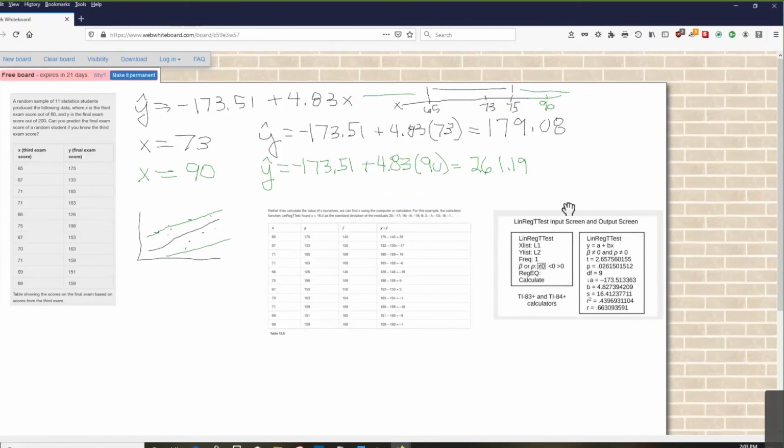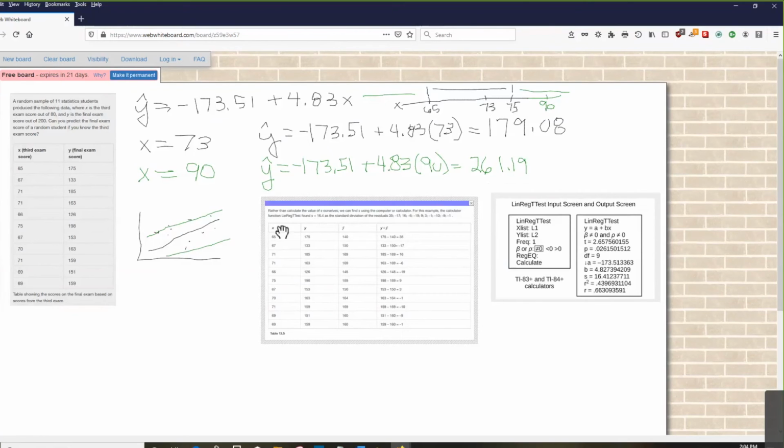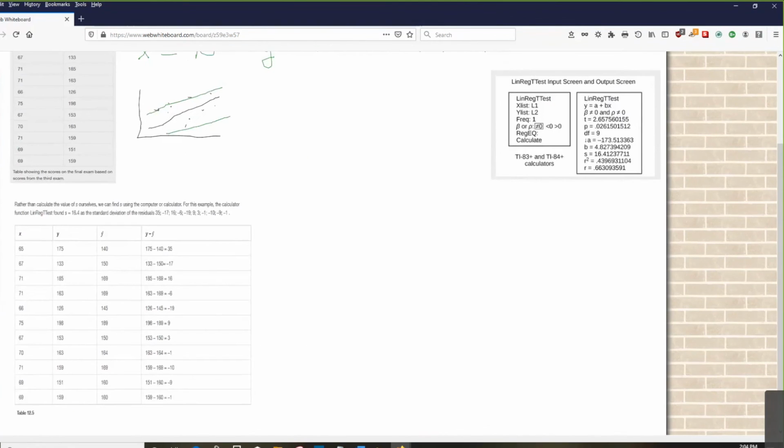Okay. So if you are using the calculator, then this S value, where it says 16.41237711, is your sample standard deviation. If you're not using that calculator, then you can do it by hand. S is the sample standard deviation of all of the epsilons, or the summation of Y minus Y estimate.